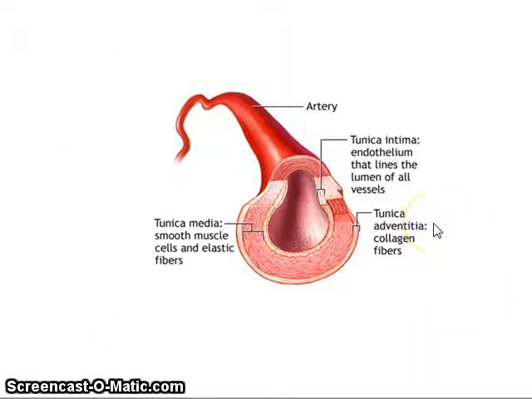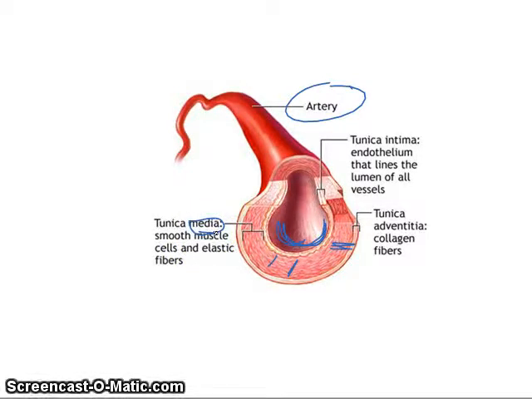Here's just a reminder that the walls of a blood vessel have layers. Now this diagram says artery, but it could be an artery or a vein. An artery or vein has 3 layers. First, there is the innermost layer, which is called the intima. Then there is the thicker middle layer, which is the muscular media.